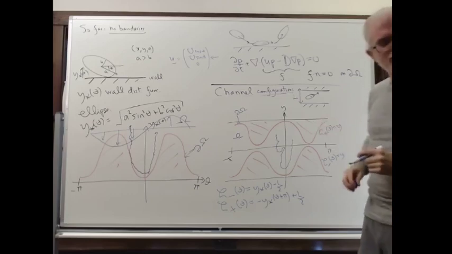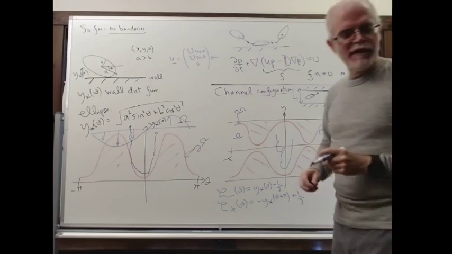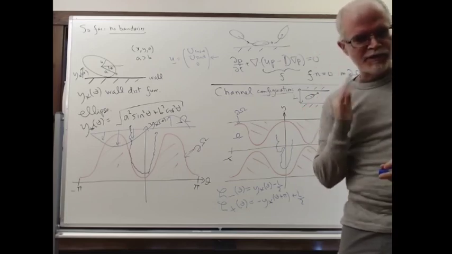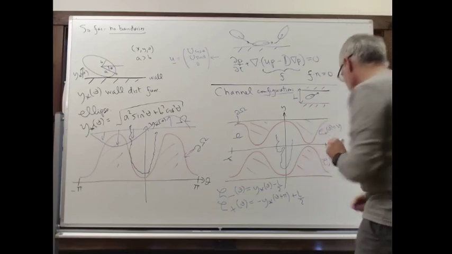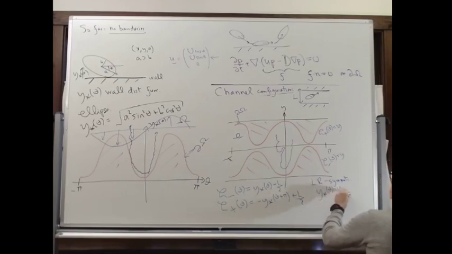There's a special case which we'll actually be using; the ellipse already satisfies it. It's a swimmer that has an axis of symmetry along its swimming direction. I call this a left-right symmetric swimmer. If a swimmer has so-called LR symmetry, then y star of theta is y star of pi minus theta.